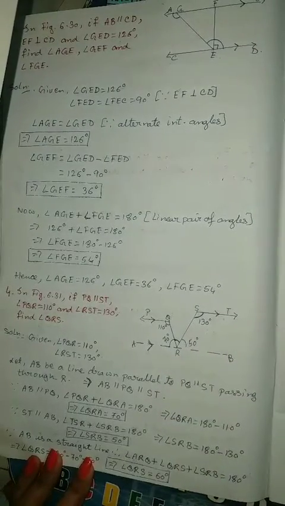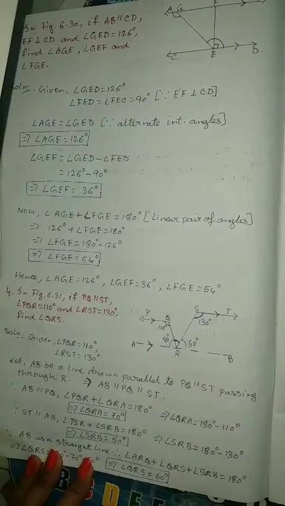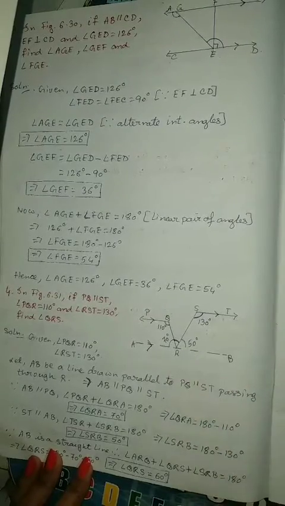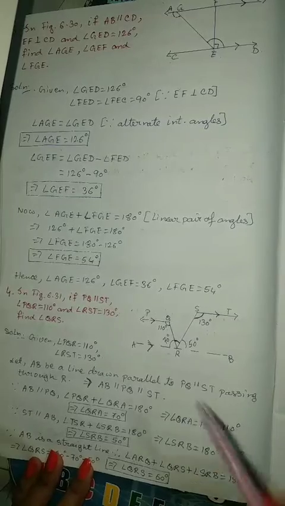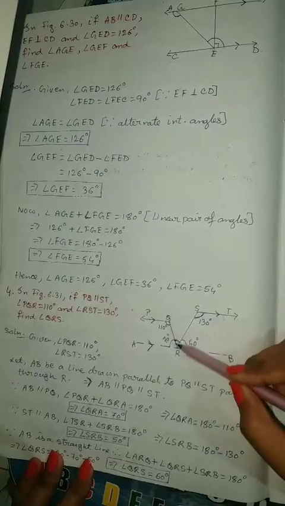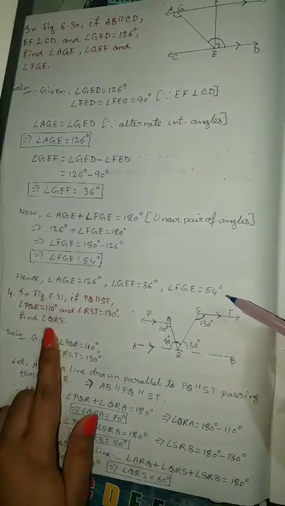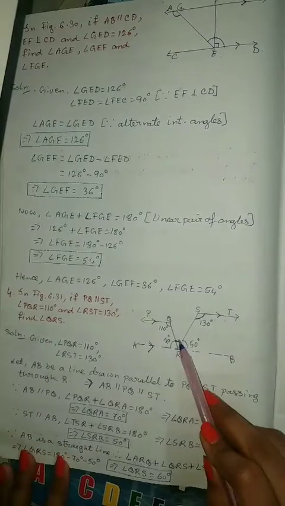So what do we see? That on the straight line AB, there are three angles. The sum of the three angles will be 180. Two are already known to us. The only one which is unknown is QRS. That is what we have to find out. So we'll just utilize that and find out the value of QRS.